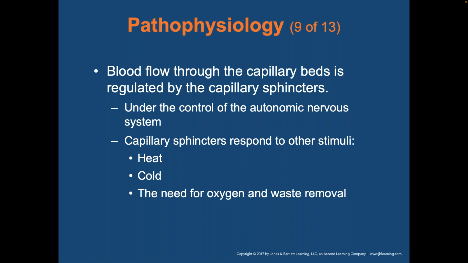Capillary sphincters also respond to other stimuli, such as heat, cold, the need for oxygen, the need for waste removal. Keep in mind, all right, that under normal circumstances, not all cells have the same need at the same time. Like the stomach and the intestines have a high need for blood flow during digestion. But when they're not digesting, they don't need that high blood flow.